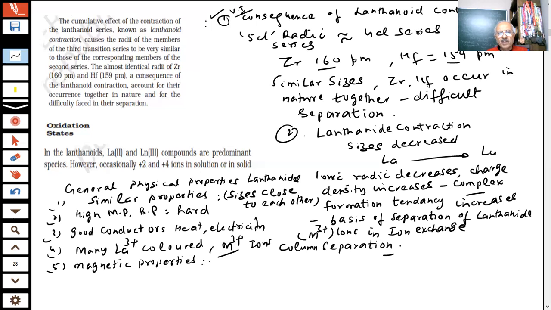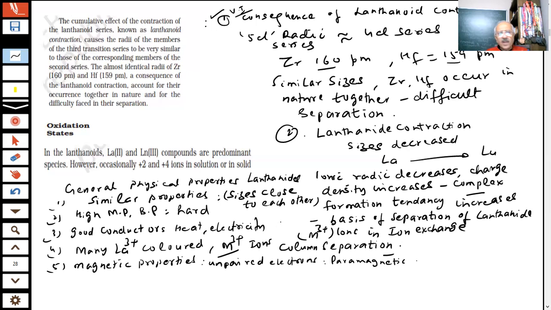If they have unpaired electrons, then what will they show? Paramagnetism, and some other magnetic properties, like ferri, ferro, depending on the nature of the electrons present; all possibilities are there. So they do exhibit magnetic properties, students.